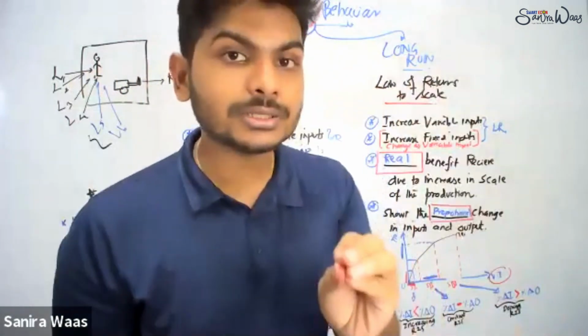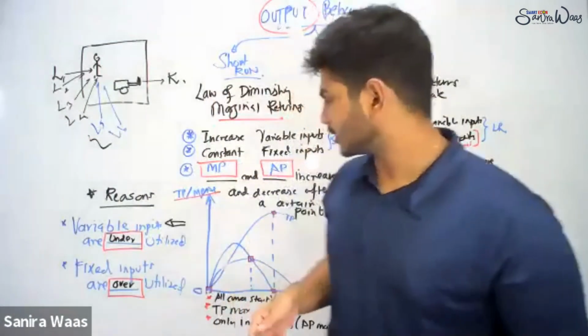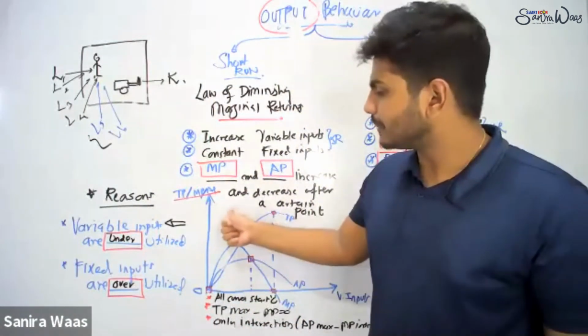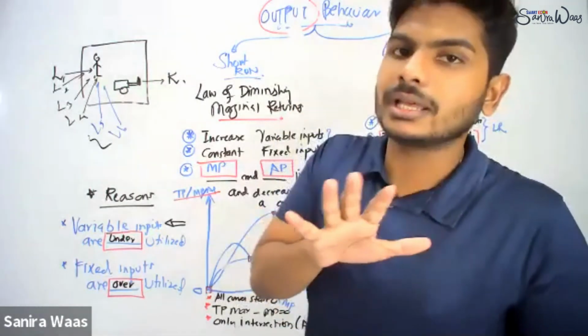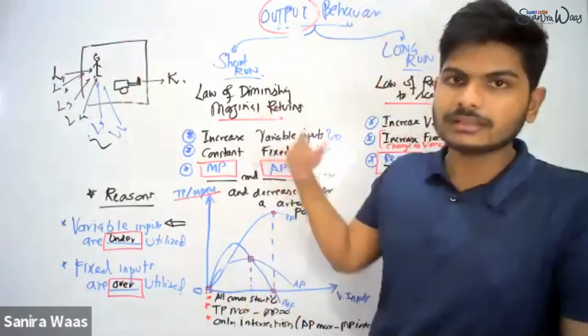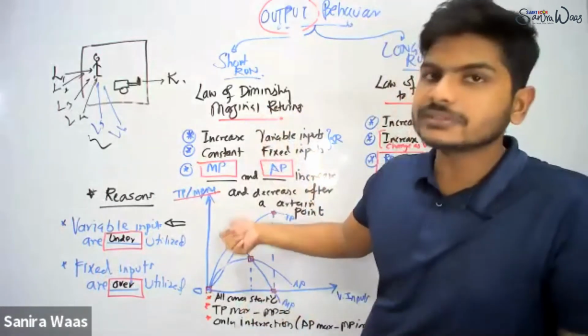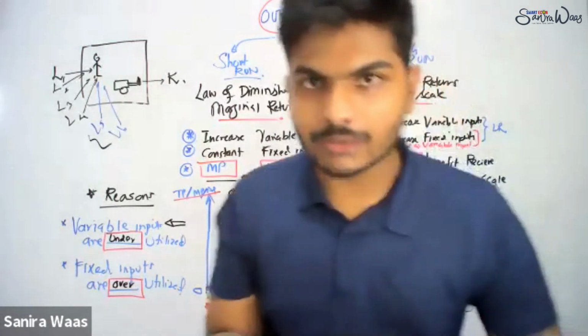The law of diminishing marginal returns is not shown in the cost curve, right? But we have a strong relationship between product curves and cost curves. What I'm saying is, what you are saying is not wrong.